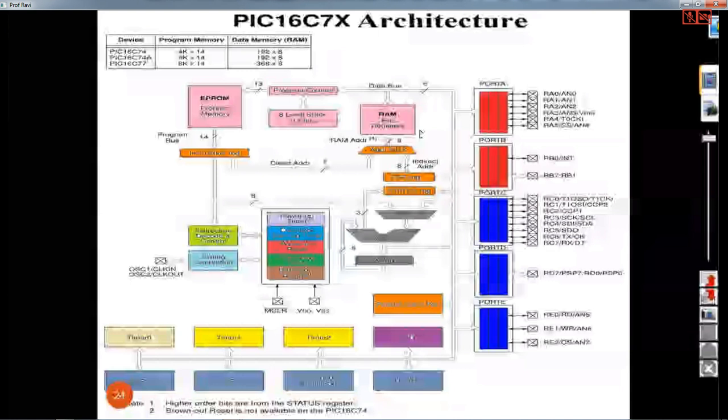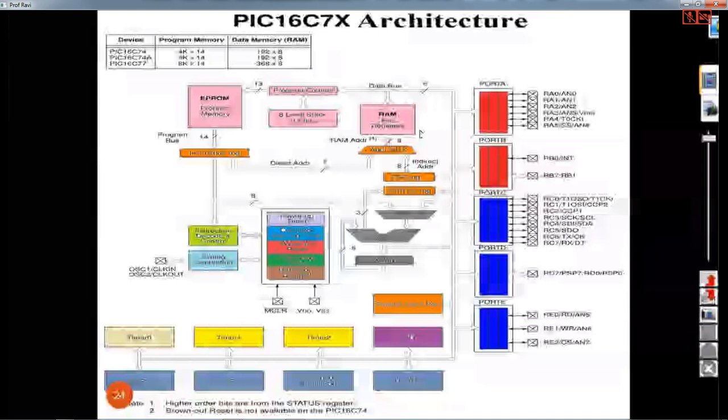Here this is 8-bit, the data bus for EEPROM and program counter. This is the EEPROM, and the 8-level stack feature.